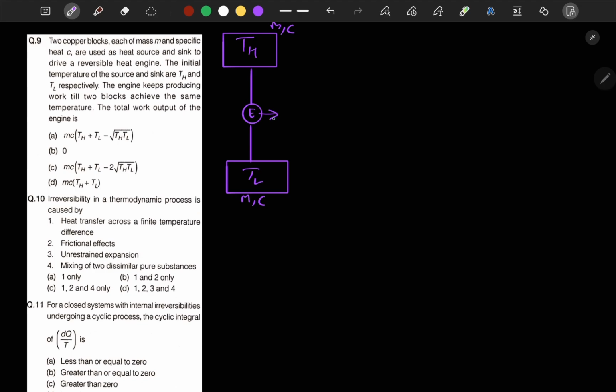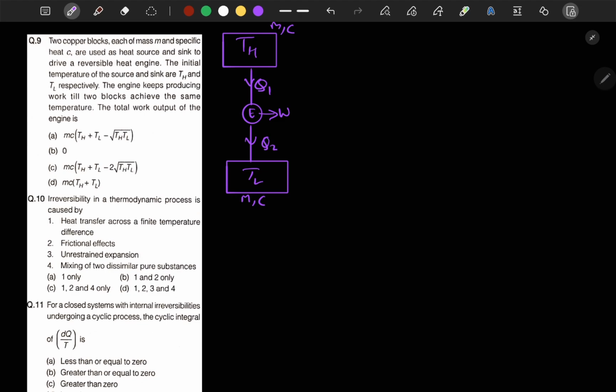We need the amount of work that can be produced. Although we don't know the direct formula for the work done, we will calculate it completely here. Let's say q1 amount of heat is supplied from the higher temperature block to the engine, and q2 is ejected to the low temperature copper block.